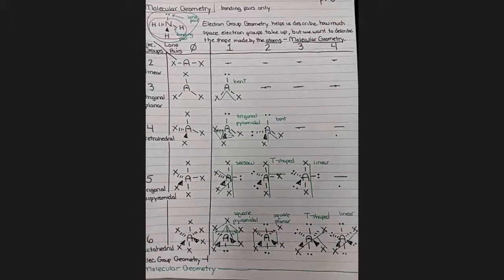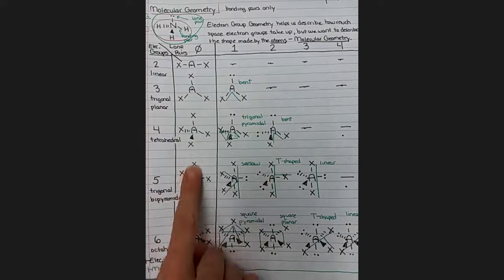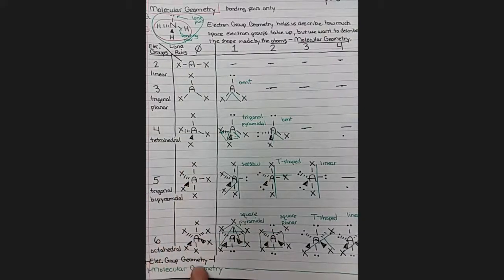So finally, just a reminder, in this mega table that we have made, remember that this first column where there are 0 lone pairs and all of them are atoms, this is the electron group geometry. This just describes what the structure looks like for the lone pairs and the bonding pairs. But when we want to describe just what the shape of the atoms is, that's when we use the full table.